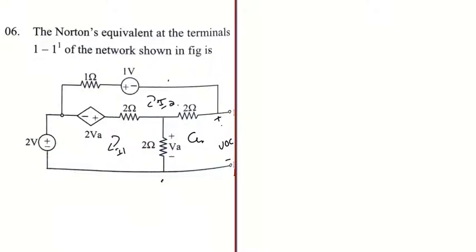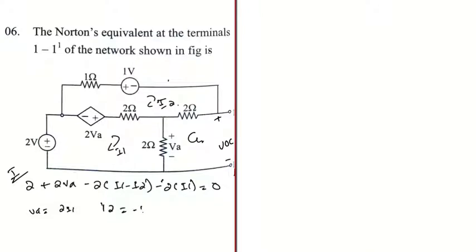So if I write the mesh equation, I get, for the first mesh, 2 minus 2 VA plus 2 VA minus of 2 into I1 minus I2 minus of 2 into I1 equal to 0. From here we get VA equal to 2 I1. Substituting that in that equation, I get I2 equal to -1.